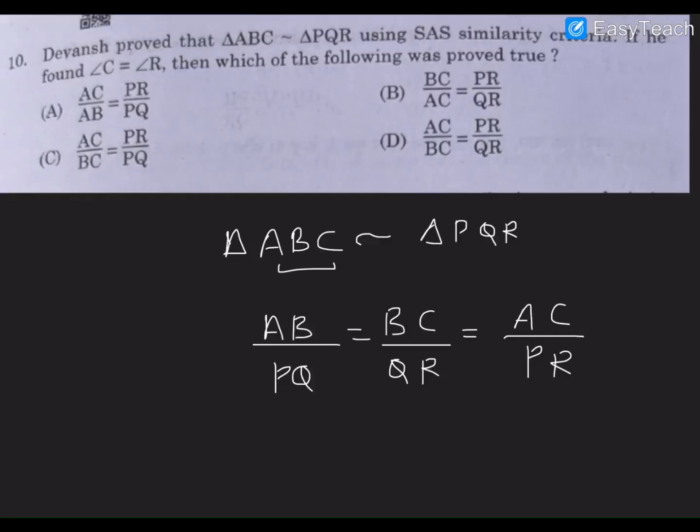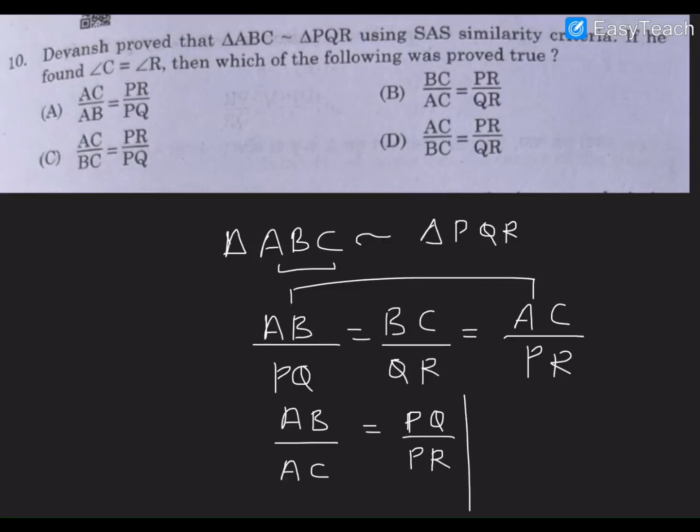So from this, you can see AB by AC equal to PQ by PR, or AC by AB equal to PR by PQ. So option A, 10th, option A is the correct answer.